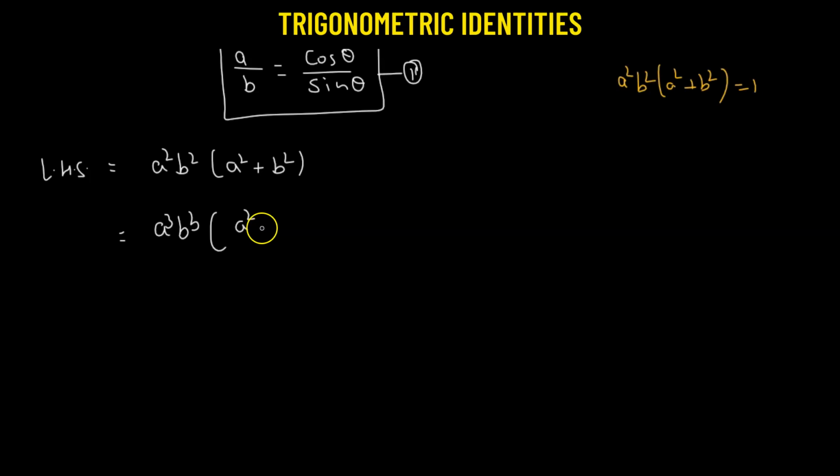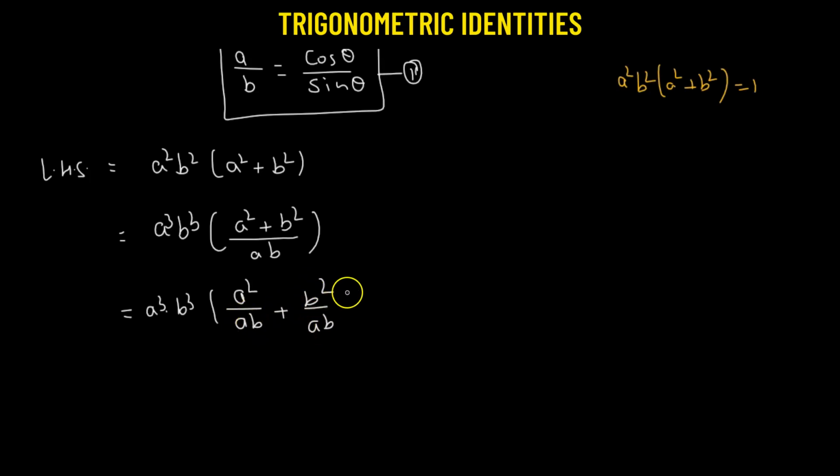Then we also have to divide a squared plus b squared by ab. So now we have a cubed times b cube multiplied by a squared divided by ab plus b squared divided by ab, which equals a cubed times b cube multiplied by a over b plus b over a.